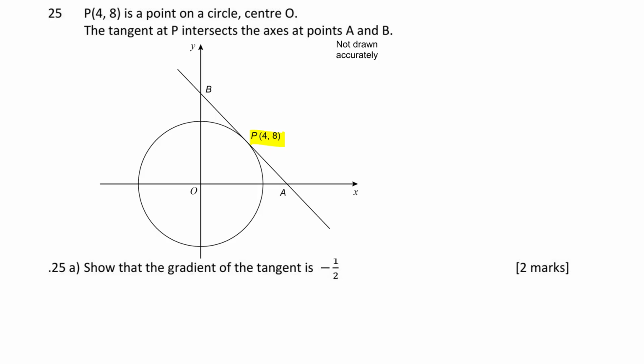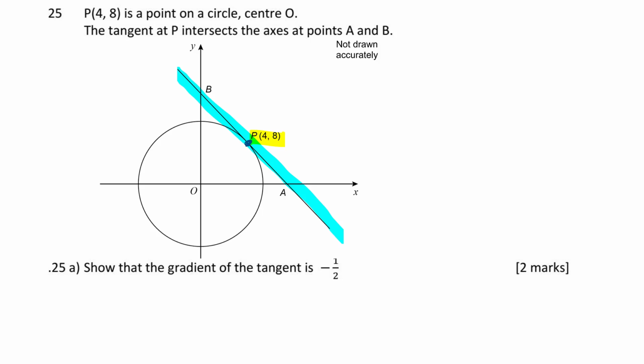Okay, so we need to find the gradient of this line that's heading off down here. Now at the moment we only have one bit of information about that. That's the point P that lies on the line. In order to find a gradient, we need to know two pieces of information. We need to know a second point on the line, which we don't have at the moment.